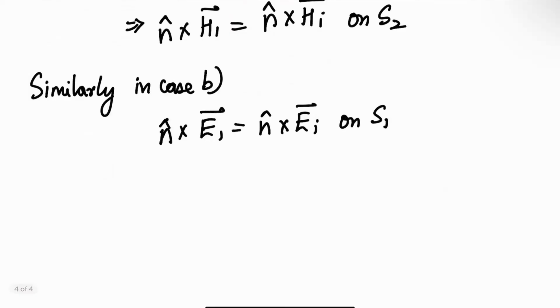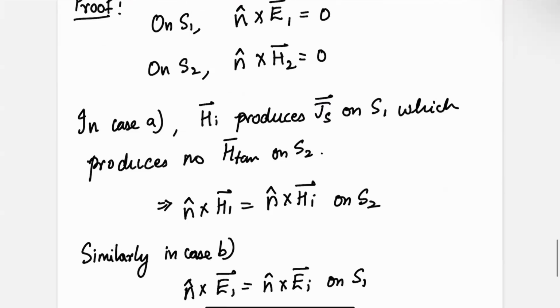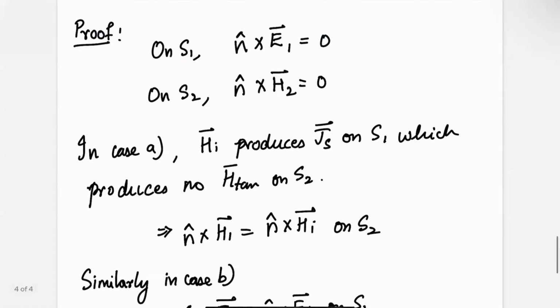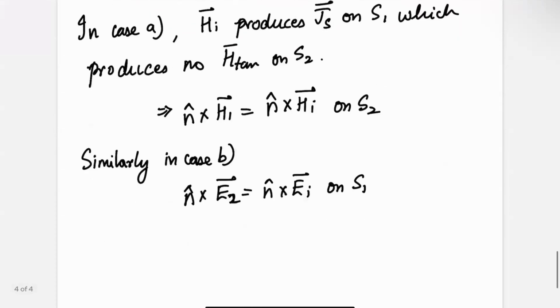Okay. So now if you look at this, on S1 we have n hat cross E1 equal to n hat cross EI, and n hat cross E1, this should be E2, sorry. We have n hat cross E2 equal to n hat cross EI, and n hat cross E1 is 0. Right, so we can add them up.